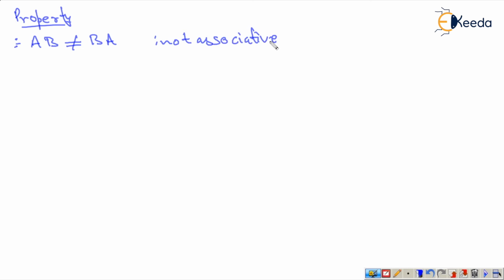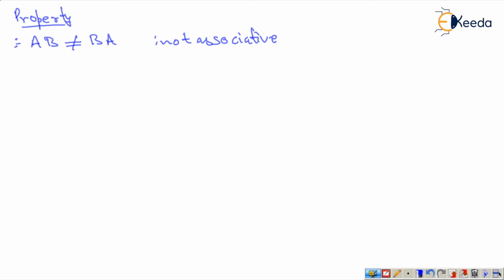Let's go for the properties. First thing is AB is not always equal to BA. It is not commutative. In fact, if AB multiplication is possible, BA may not be possible.